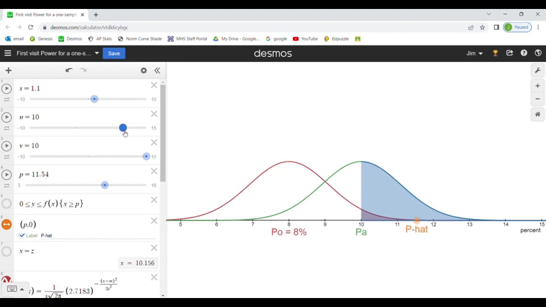But the power of the test is connected to, and different for, every alternative proportion. Often we just don't know what that alternative proportion is. When a truckload of potatoes comes in, we don't know what the true blemish rate is, but we'll say, how powerful is the test to reject 11% blemishes, to reject 12% blemishes.